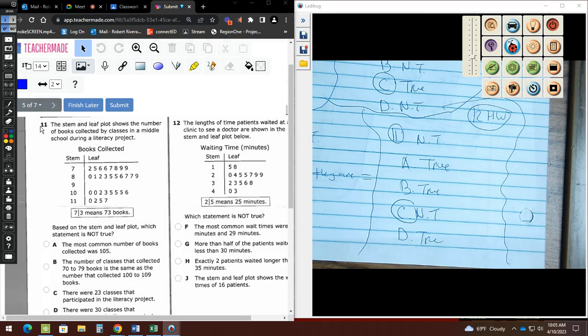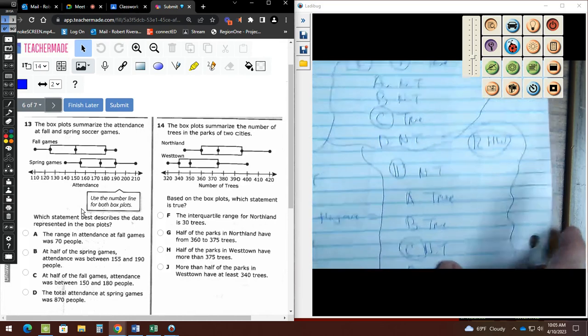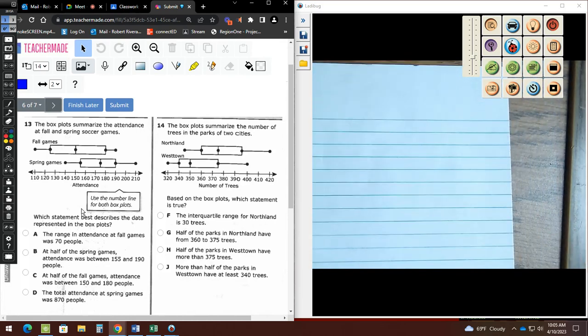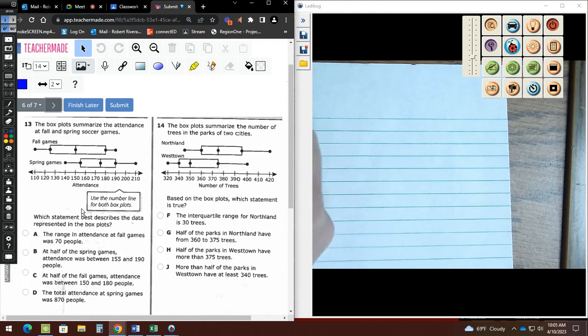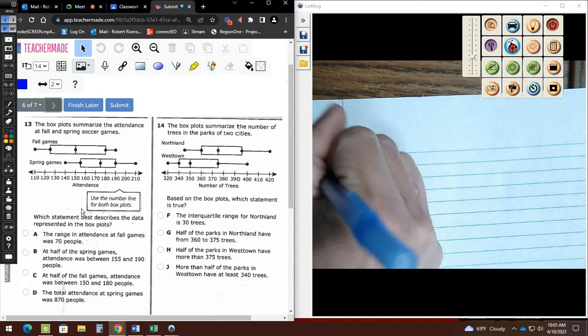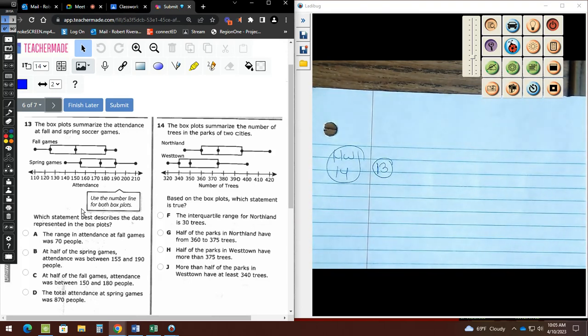Okay, the next one would be some box plots. 13 will be mine, 14 will be for homework. Okay, 13. What did I tell you when they give you box plots? You get the data. Now there's two of them.